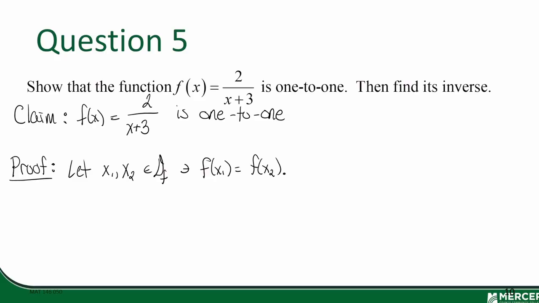Again, what is that saying? That's saying that x1 and x2 are two elements that map to the same output. Our goal is to show that they're actually the same. So another way you could see it is, we want to show that x1 equals x2, or it is sufficient to show that x1 equals x2.